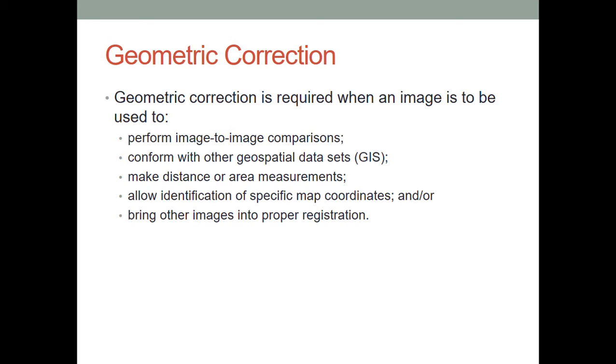And it helps bring another image into proper registration. Let's say you have another image from other places, and there's no coordinate on the image. If you want to register the same coordinate to that new image, you can do that, no problem.